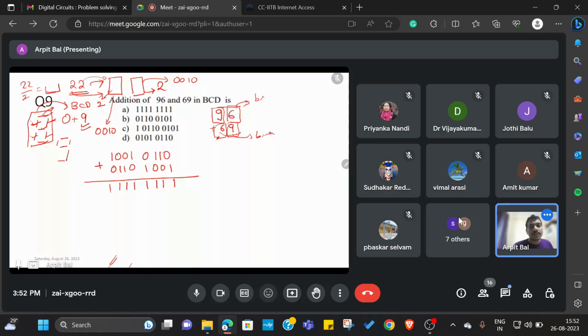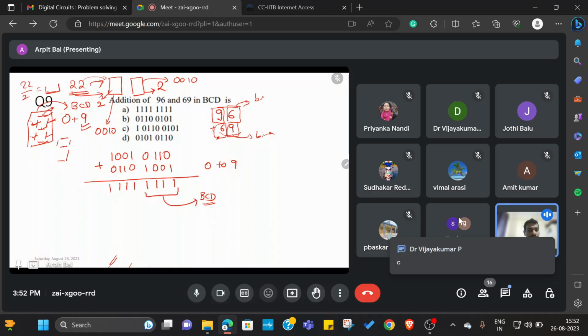Someone mentioned that this is the final output. But what does this particular combination represent in BCD? A BCD digit, as I mentioned, goes from 0 to 9, right? So what will this number represent in BCD? It is an invalid number. Correct.